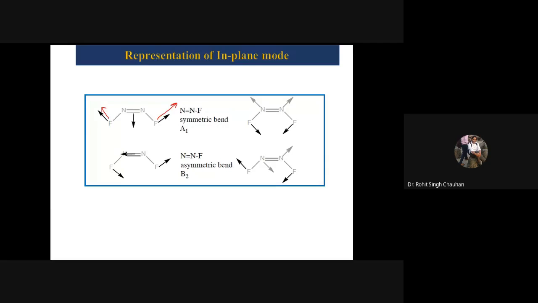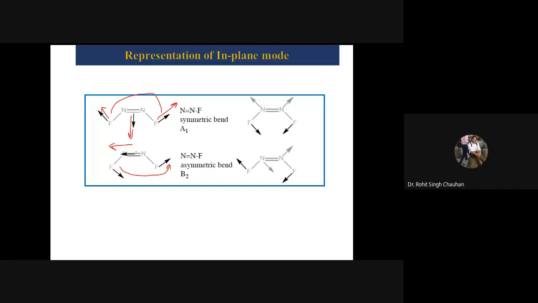Both are in the same direction, these two. So with respect to that, N will always be opposite. Since they are moving in this direction, NN will move in the opposite direction. In B2, if you see, actually this is with respect to the angle, right? So this one is moving in this direction, whole, right? So as a result, NN will move in this direction.